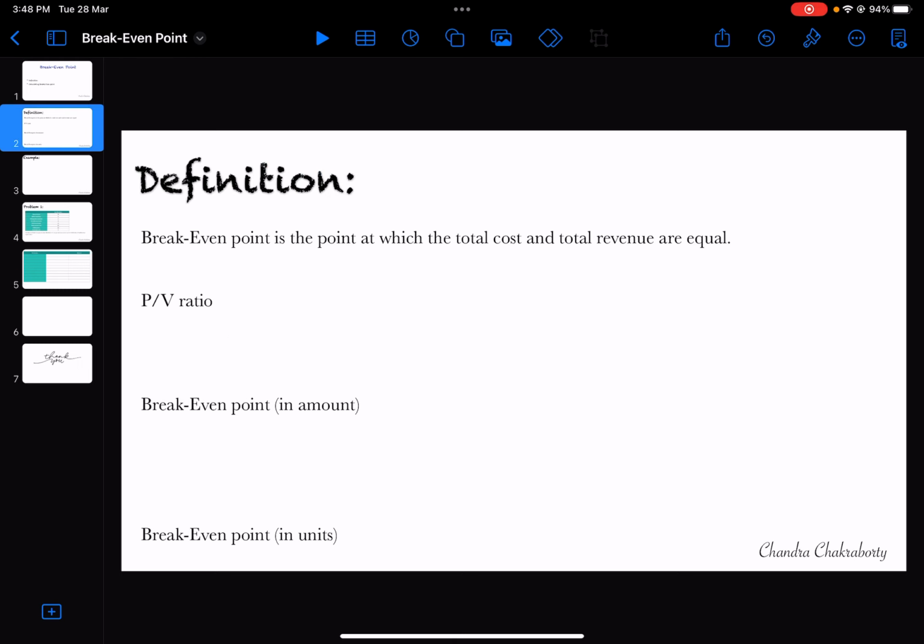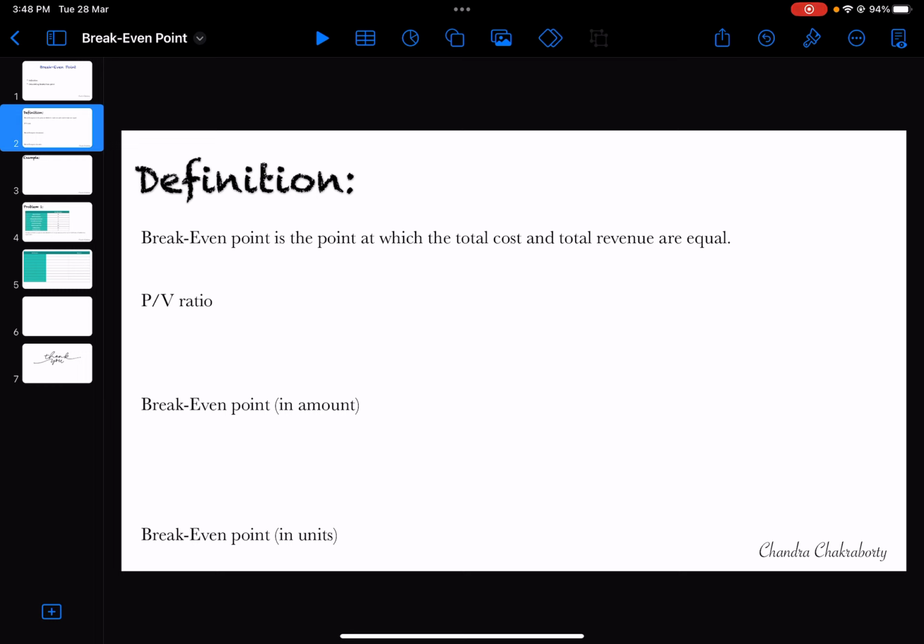Break-even point is the point at which the total cost equals total revenue. That means it is the point where there is no loss or gain for the business. When you are calculating the break-even point, it tells you in amount and even in units that you need to sell.